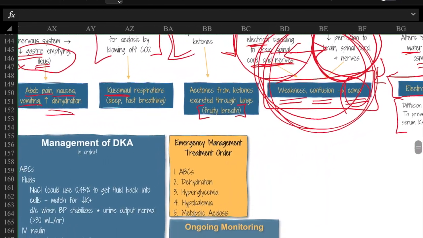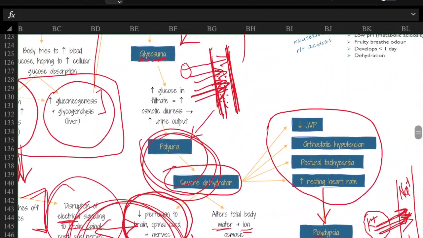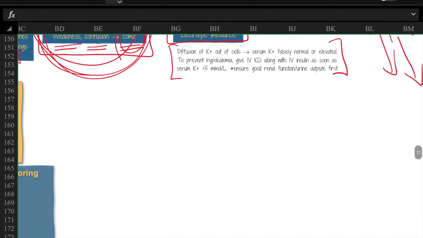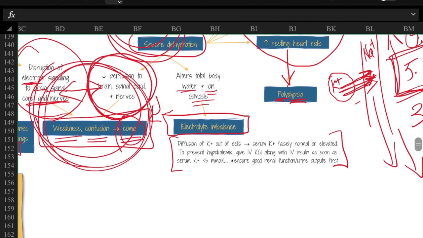So those are the basics of DKA. Really not as complicated as I think we make it in nursing school.